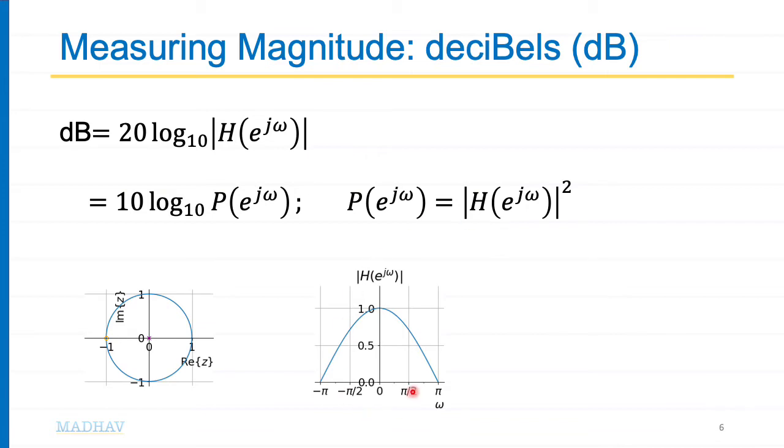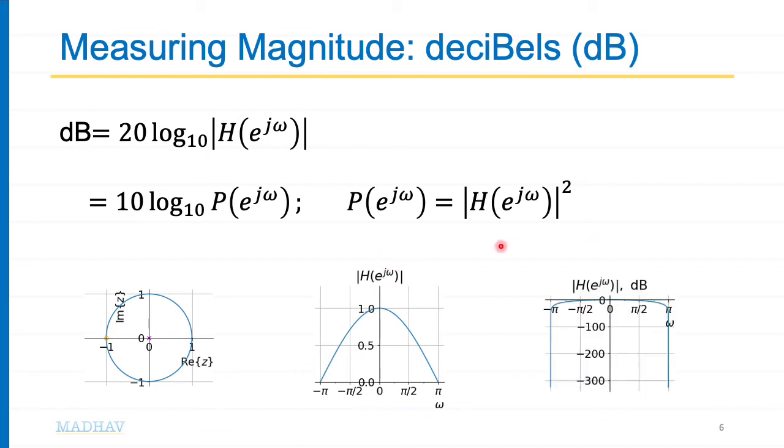This is my magnitude response, or the gain in linear scale. But if I write it in dB scale, how will it look? The 1 will become 20 log of 1, and log 1 is 0. And here 20 log 0 is minus infinity, and you can see it goes to minus infinity. So this is how it looks.